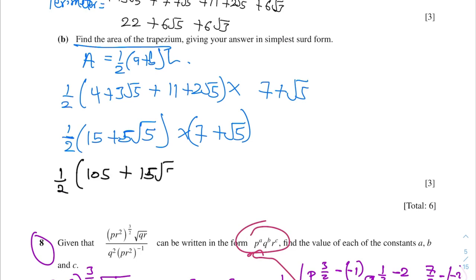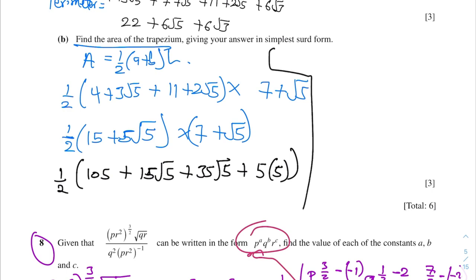Then I'm just going to use this to also multiply this now. That's going to give me 35 root 5, plus I have 5 into bracket 5. Okay, so I have my half there. Within the bracket, I'm going to have 105 plus 25, giving me 130.